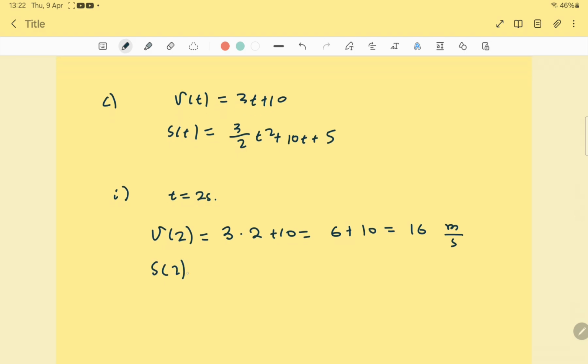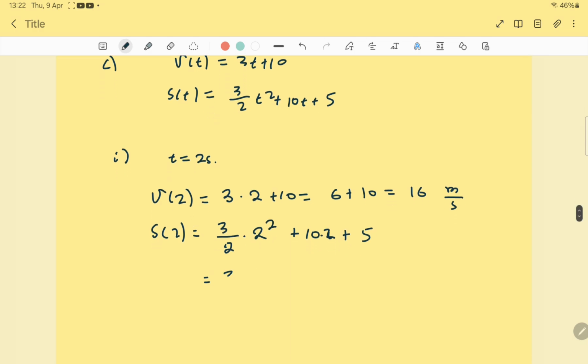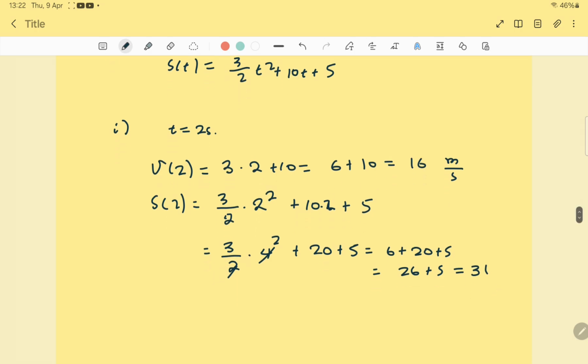And s of t, I plug t equals 2 here: 3/2 times 2 squared plus 10 times 2 plus 5. 3 over 2 times 4 plus 20 plus 5. That's 6 plus 20 plus 5, 26 plus 5, so that's going to be 31 meters.